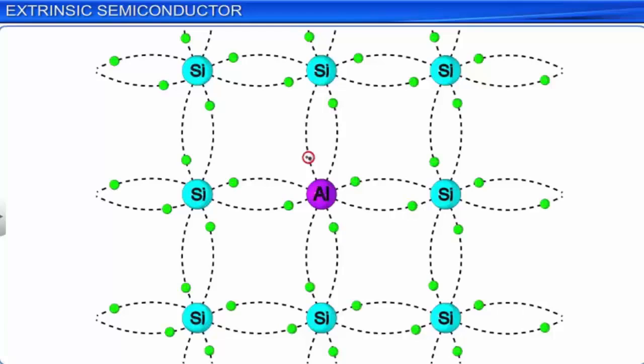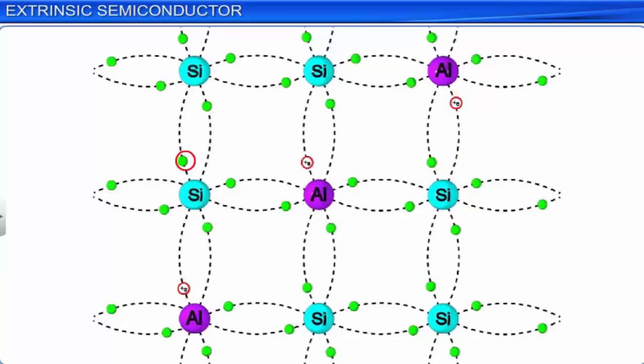A trivalent dopant atom forms covalent bonds with 3 neighboring semiconductor atoms. However, the dopant atom has no electron to share with the 4th neighboring semiconductor atom. Thus, a vacancy or hole is created in the lattice. Each trivalent dopant atom creates 1 hole in the crystal lattice of the semiconductor.